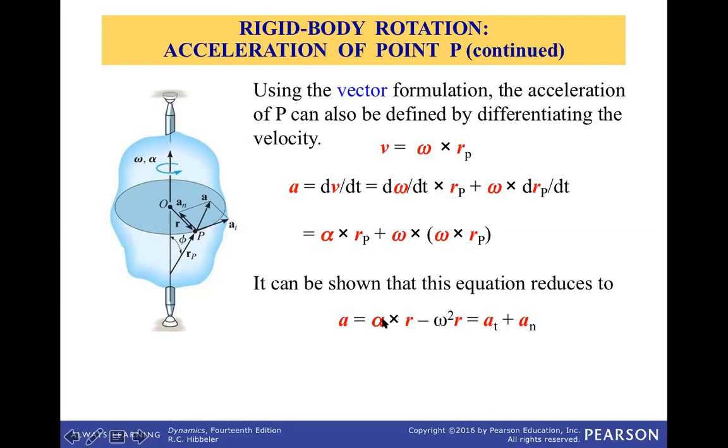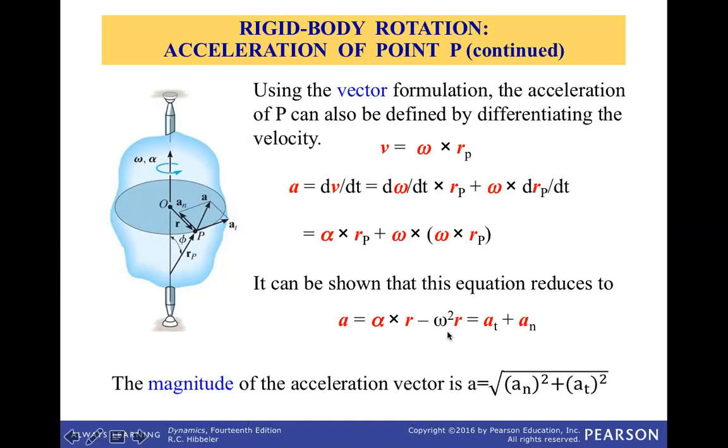So omega cross r gives the tangential acceleration, and the normal acceleration will be equal to minus omega squared times r. The magnitude of the overall acceleration vector is the square root of the normal component squared plus the tangential component squared.